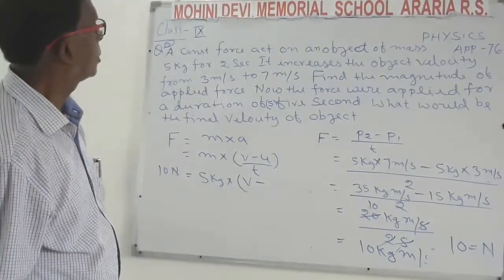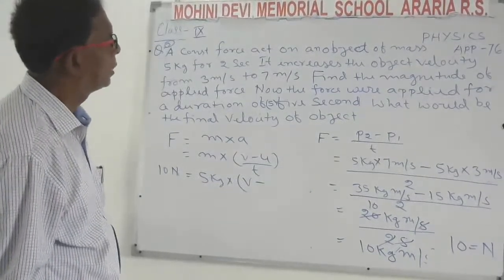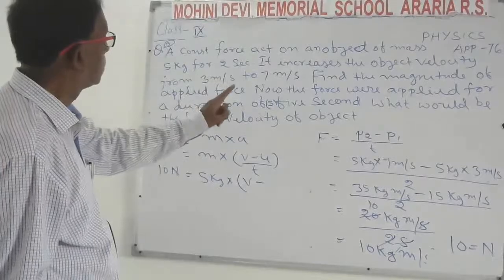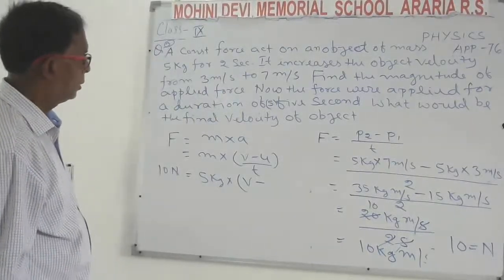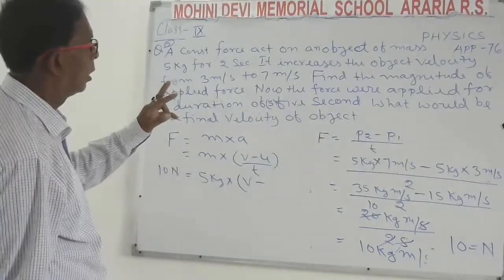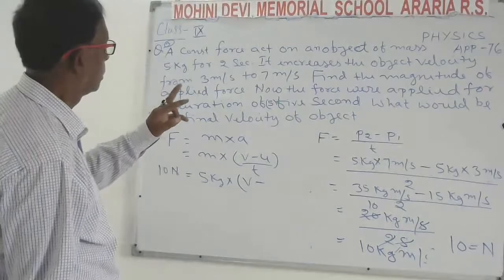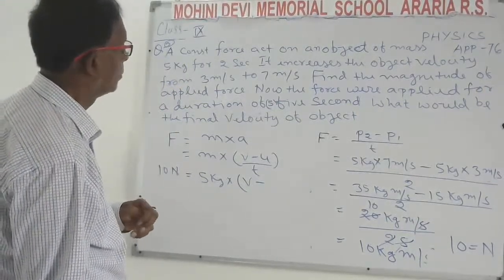A constant force acts on an object of mass 5 kg for 2 seconds and increases the object's velocity from 3 meters per second to 7 meters per second. Now the force was applied for a duration of 5 seconds.